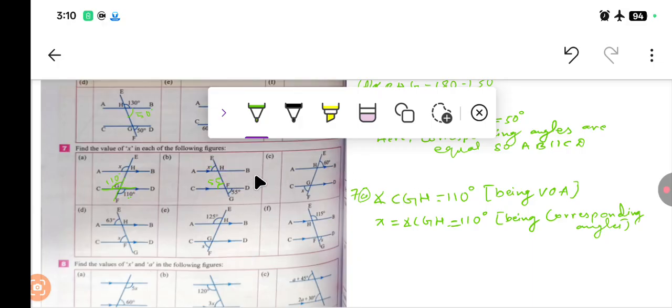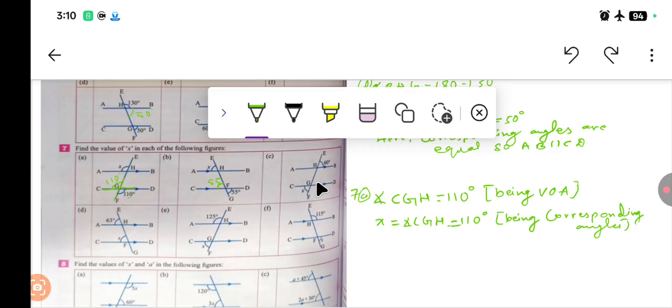Coming to 7c. We have now x over here and 60 degrees given here. With the help of corresponding angle, I will find this angle, which is vertically opposite angle to x. So here we go.